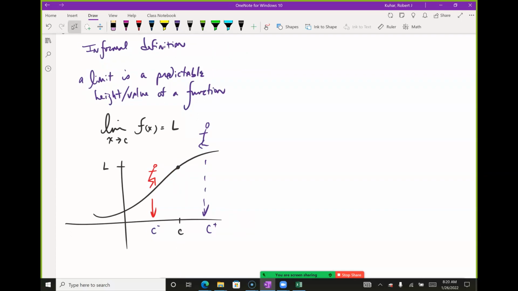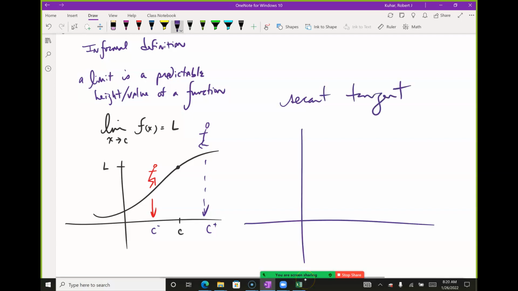And we kind of saw that when I talked about that secant tangent problem. If I'm interested in the slope at one point, this is my tangent line. My tangent line is a line that's connected to one point.